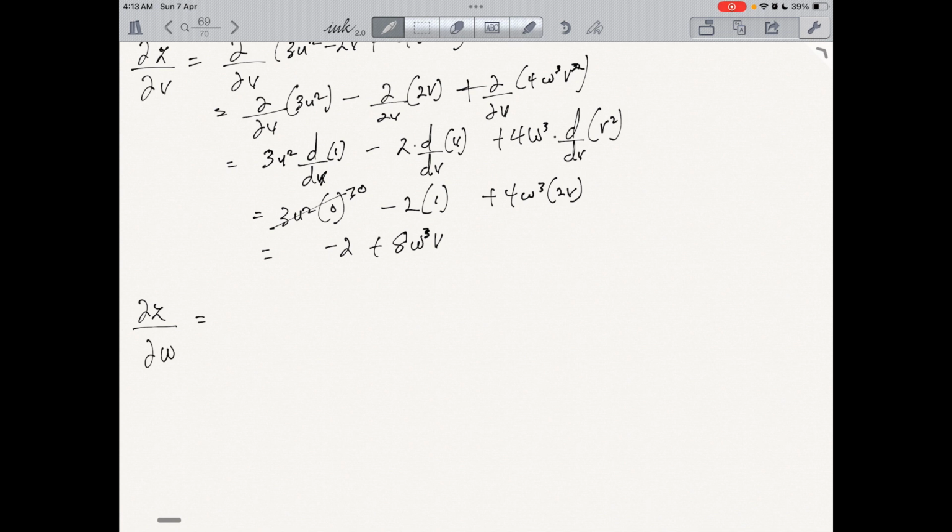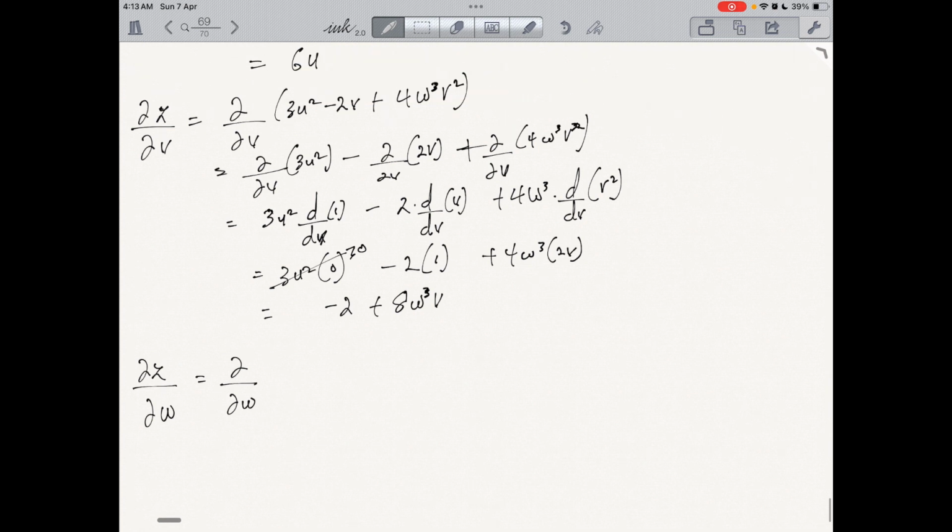And dz/dw is d/dw of 3u squared minus 2v plus 4w raised to power 3 v squared.